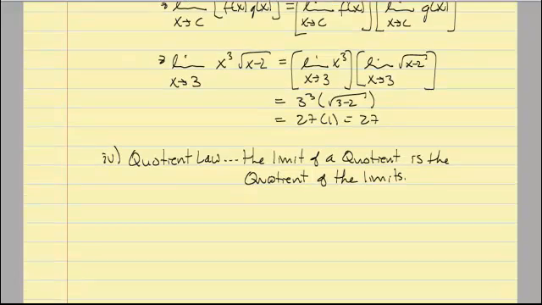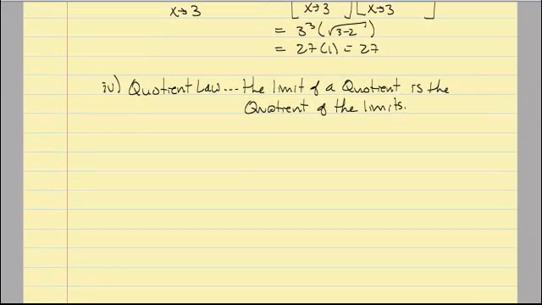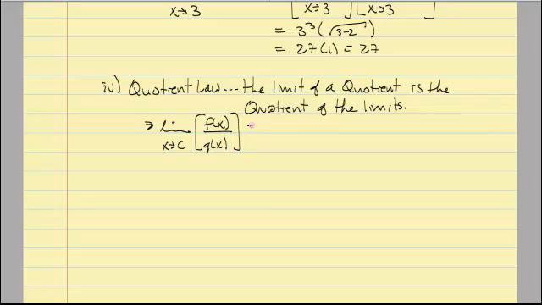Okay, and again we'll look at this generically, and then we'll also look at a specific example. So the limit as x approaches some constant c of some function f of x divided by some function g of x is just equal to the limit as x approaches c of the numerator divided by the limit as x approaches c of the denominator. So we can look at these individually.